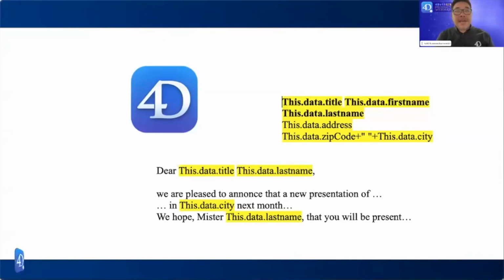The keyword this and .data signify where you want to load or print the data into your document. Once you have created those references into your document, you can simply run code to populate the data. So let's go to the next slide, which will be a little bit clearer about what it looks like.